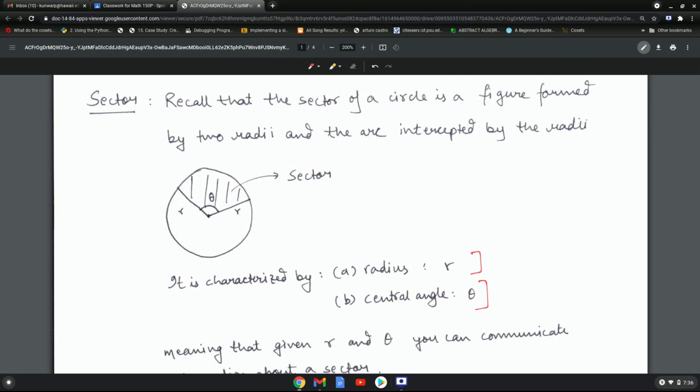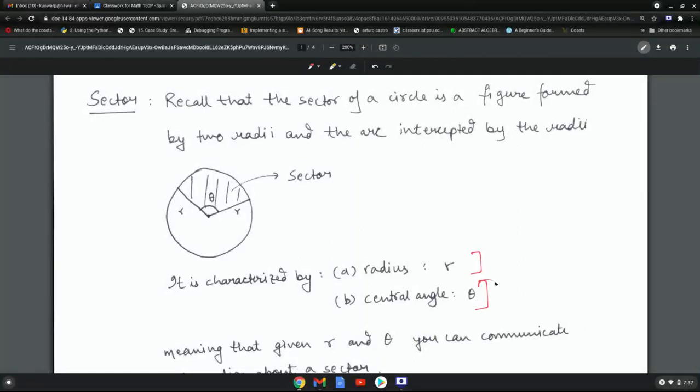What are the minimum number of things that you need to provide information about in order to have that communication? So for example, if you think of a circle, all you need is a radius. A circle of radius 10 centimeters is pretty self-explanatory. But for a sector, you would need the radius and you would need this angle theta, which is the central angle.